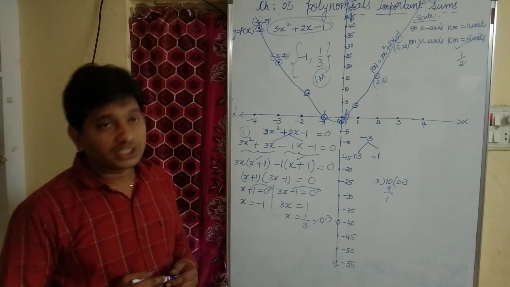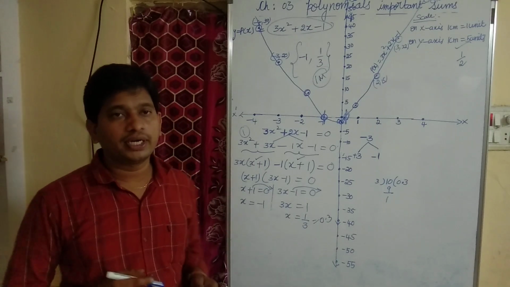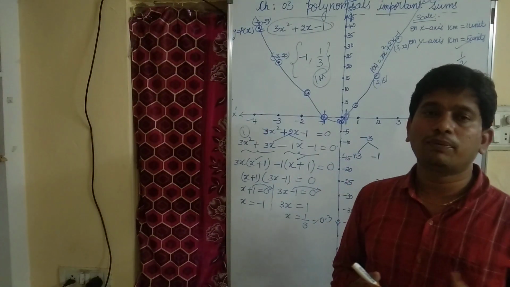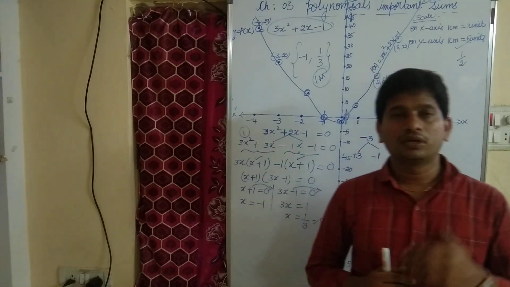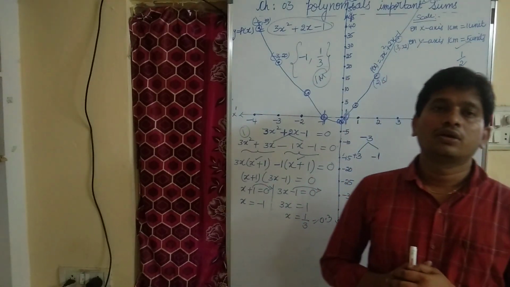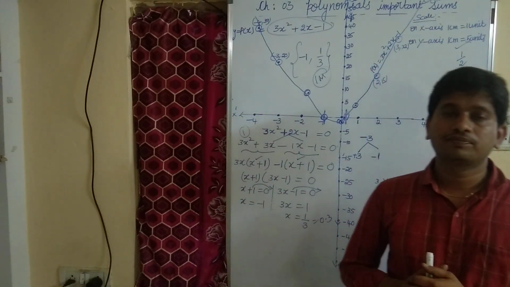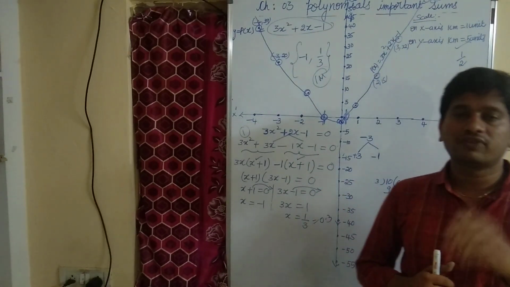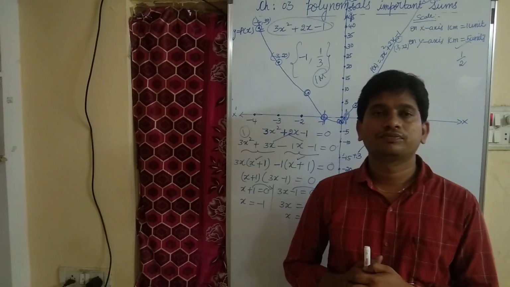So in today's session we have completed the whole chapter revision. We have discussed how to find zeros of the polynomial, zeros from the given graph. We have checked whether 2 and minus 1 by 3 are the zeros of the polynomial or not.